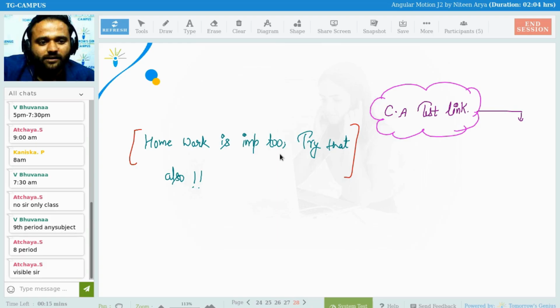At the initial point, the relative velocity is going to be 0. At time T by 4, it is going to be 2V, and then again 0.